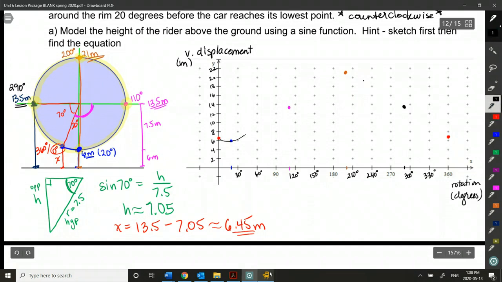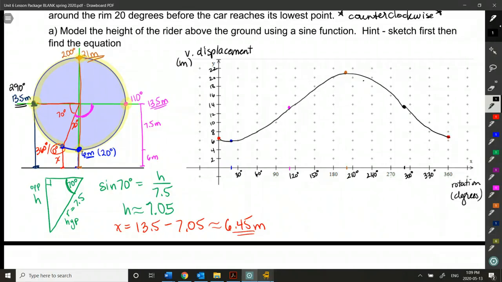So here's what we've got. Okay, so there we go. There's our height of our rider above the ground if they start 20 meters before the lowest point.